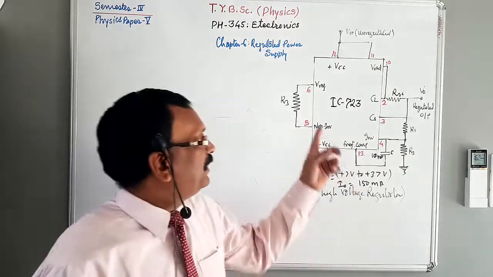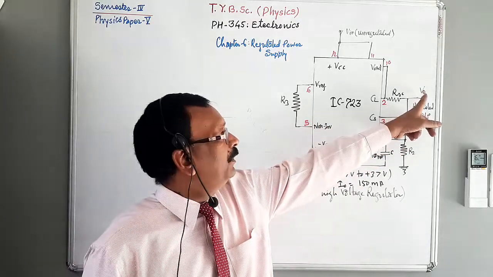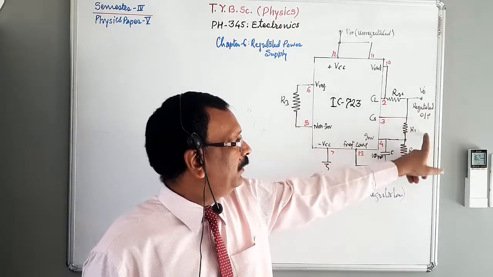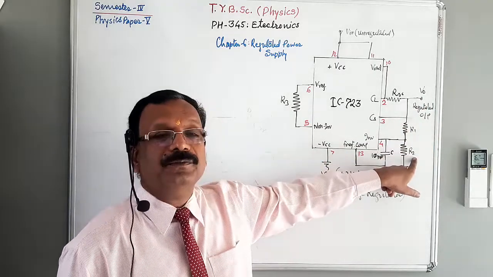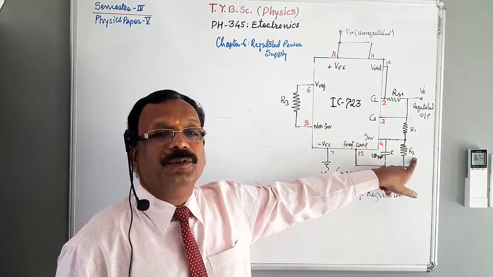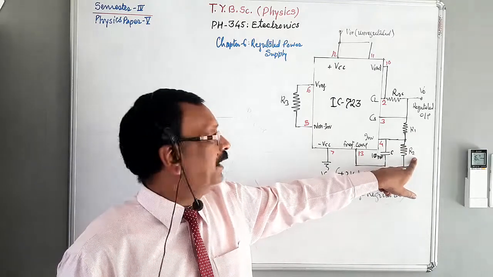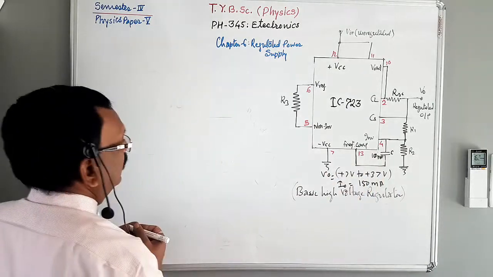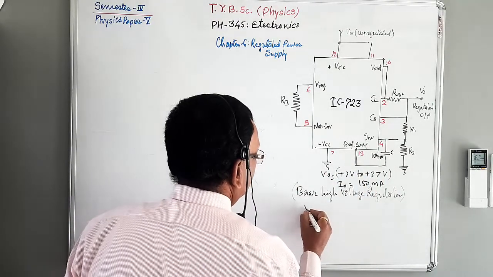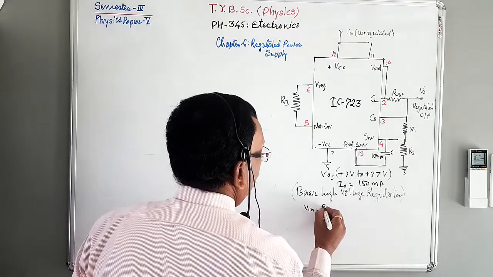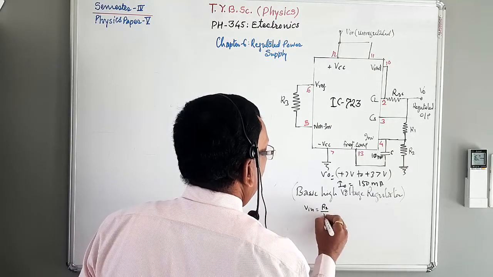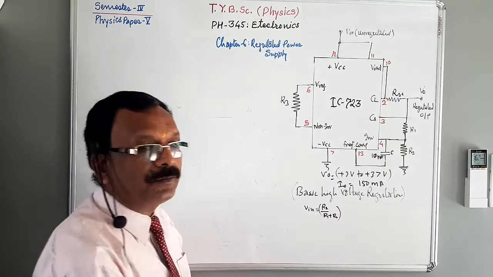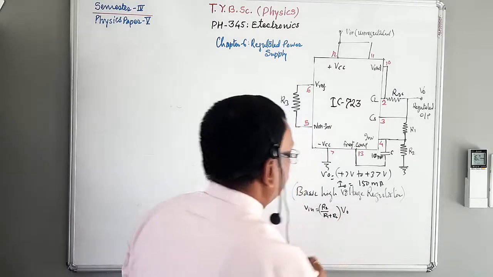The output voltage V0, which is the regulated output voltage, is divided by R1 and R2. Therefore, the voltage at the inverting terminal, V inverting, is equal to R2 upon R1 plus R2 into V0.